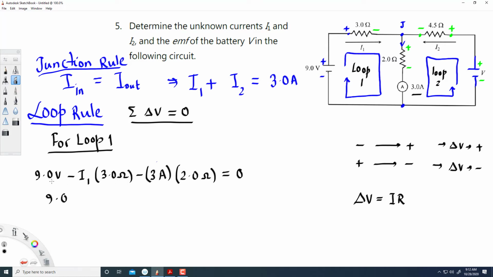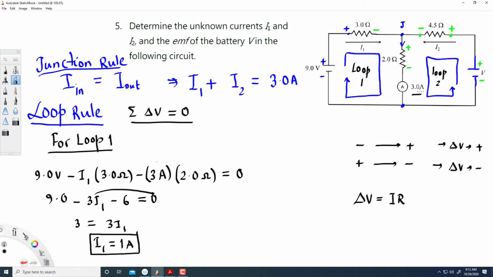So 9 minus 3I1, minus 3 times 2 which is 6, is equal to 0. So 9 minus 6 would be 3. Take this 3 to the right side, so 3I1 equals 3. Solving that, I1 is equal to 1 ampere. We got the current.